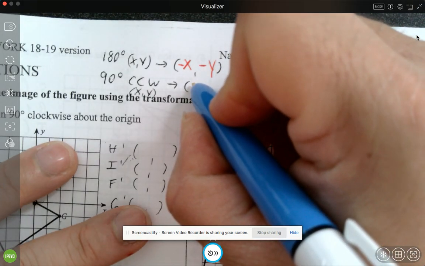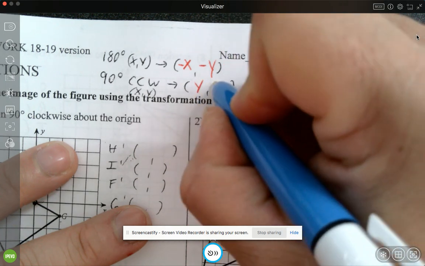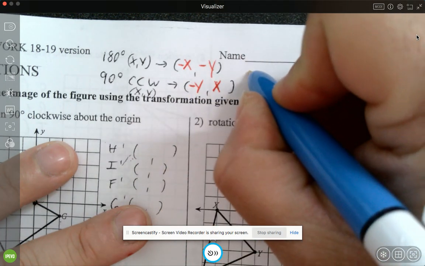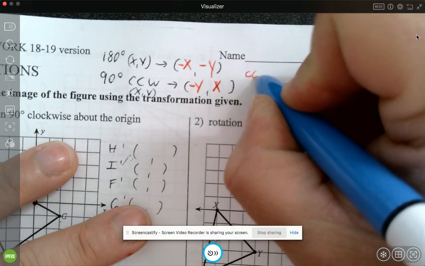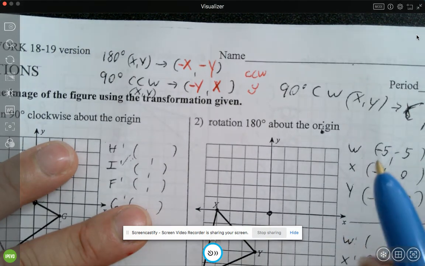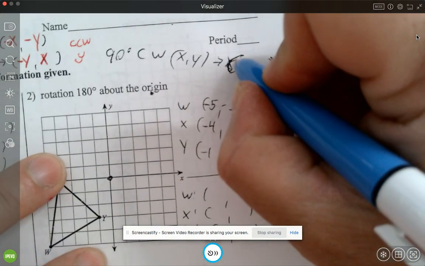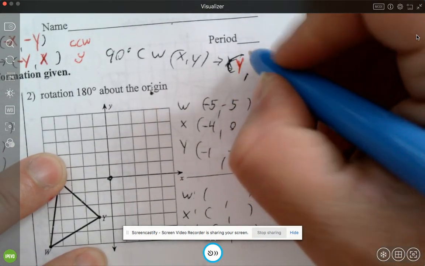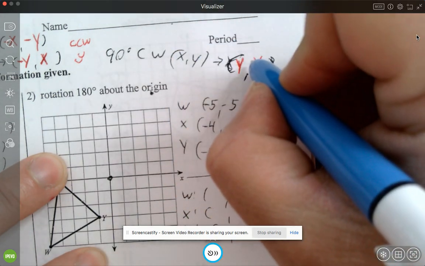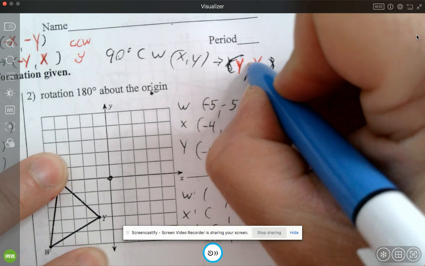It taught me this rule where you switch them. But the counterclockwise, you make the Y opposite. CC makes a Y, so make the Y opposite. And this one, clockwise, switch them and make that X opposite for that.